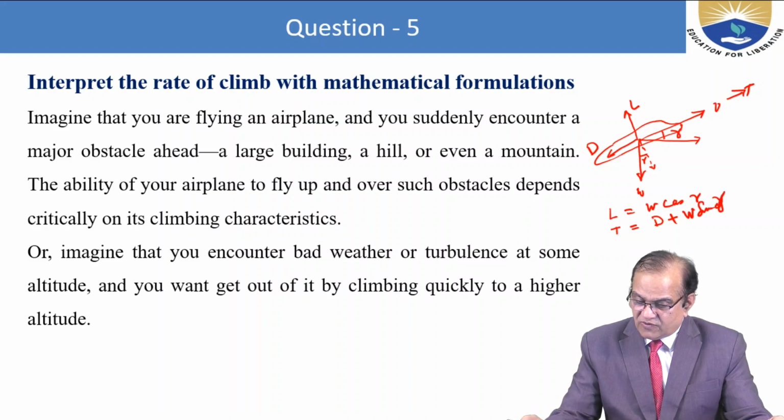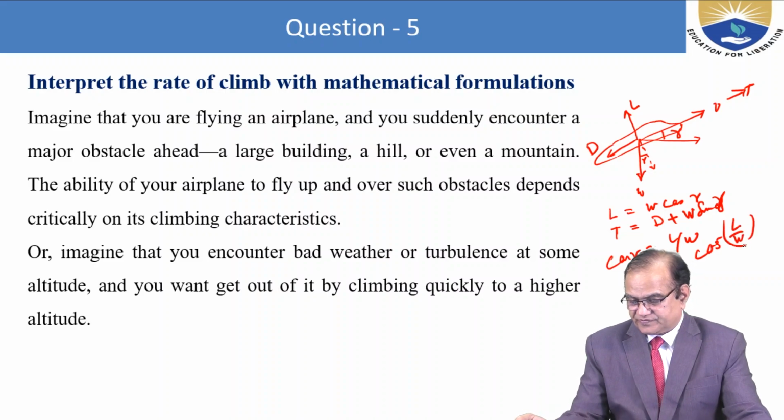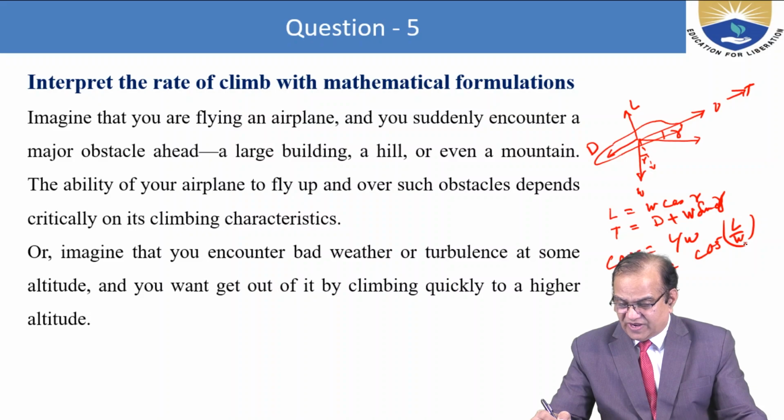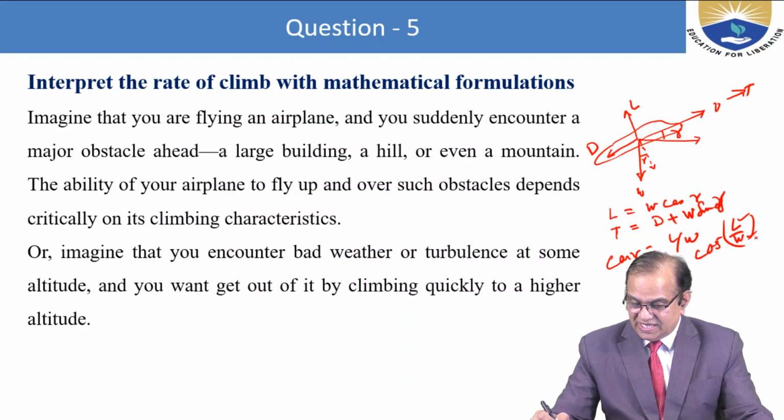So from here we can say that cos gamma is equal to L by W, or gamma is equal to cos inverse L by W. So lift and weight are very important parameters for finding the rate of climb, and we know that to have the maximum rate of climb, this L by W should be high, meaning lift should be high compared to the weight.